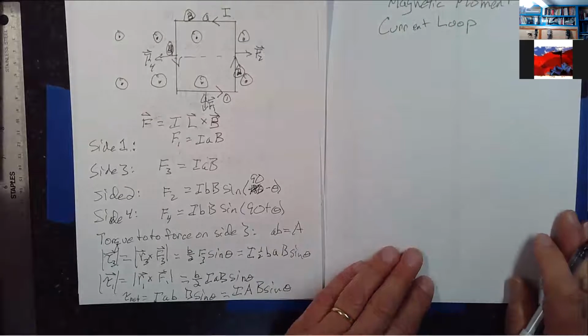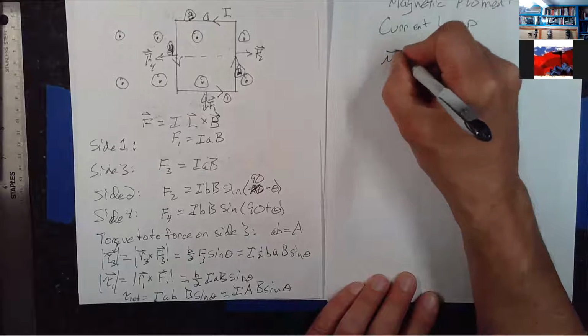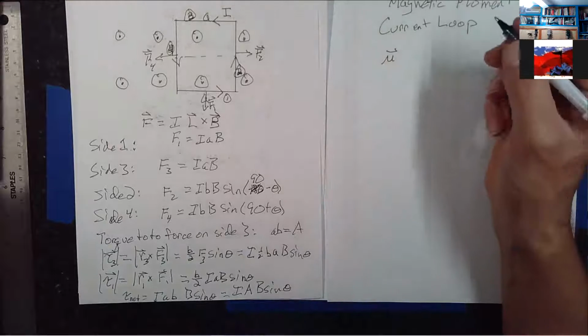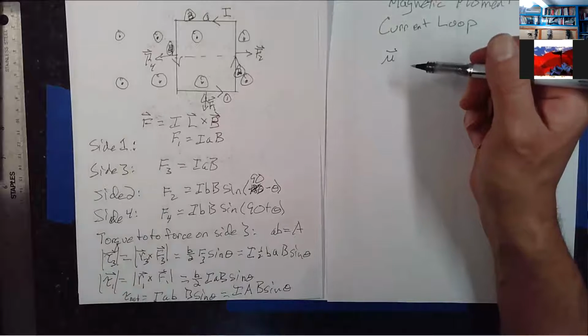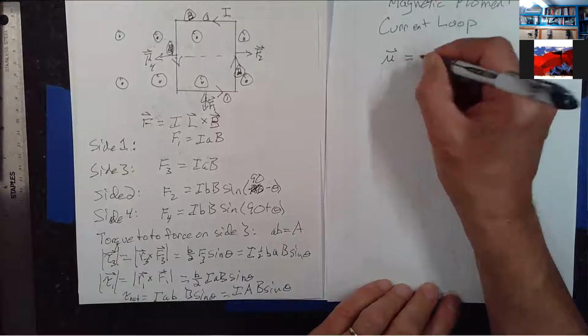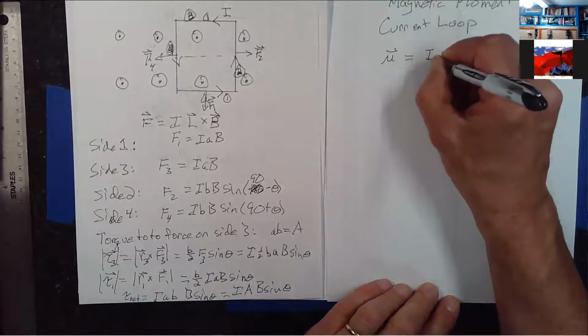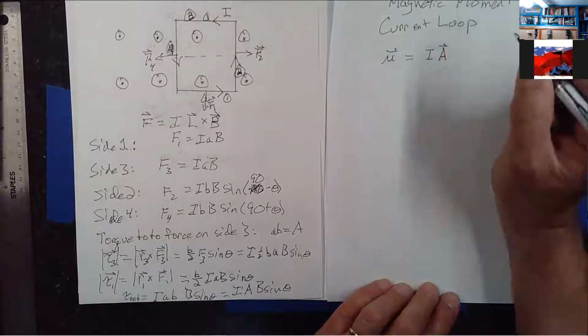And we use yet another Greek letter for this one. This is mu, and that's the prefix for a micrometer or micro anything, actually. So mu is equal to the current in the loop times an area vector for the loop.